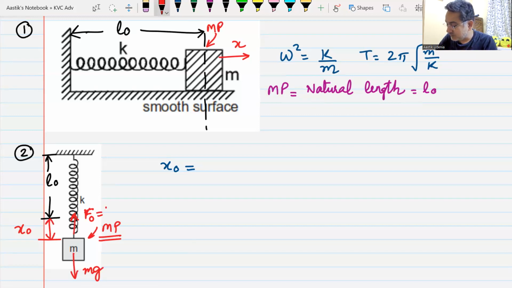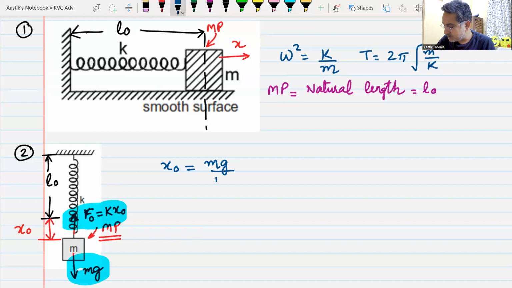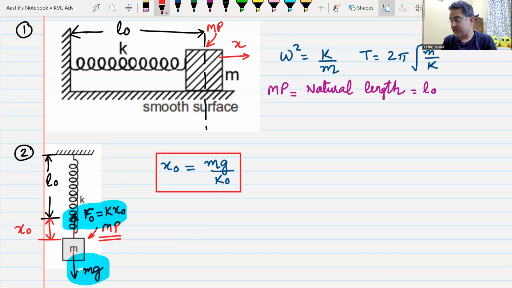This F naught is equal to K into X naught. This force must be equal to this force. So from there I can find the mean position: x naught equals mg by k. That will be the extension in the spring at the mean position.